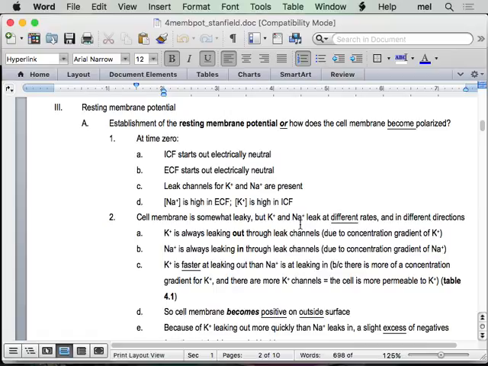Initially, when there is no charge to deal with, which ion diffuses faster? Potassium diffuses out faster than sodium diffuses in. If you let that happen for just a second, what charge accumulates around the outside of the cell? Positive. And what charge is revealed on the inside of the cell? Negative. Good.